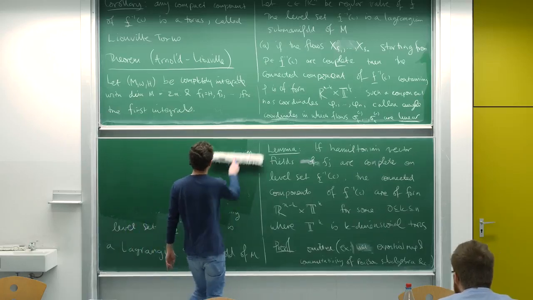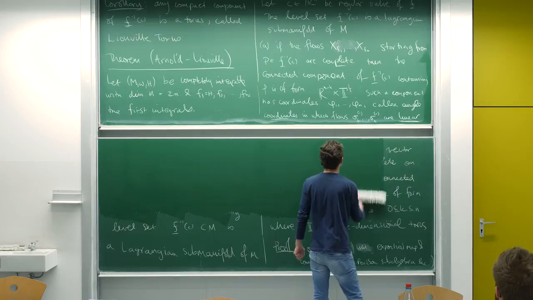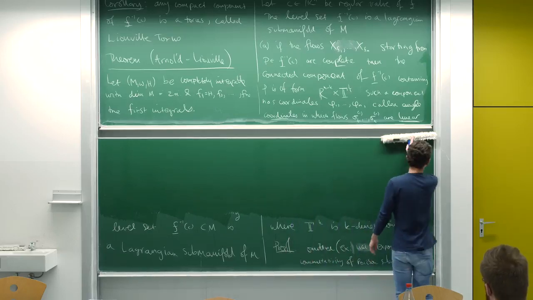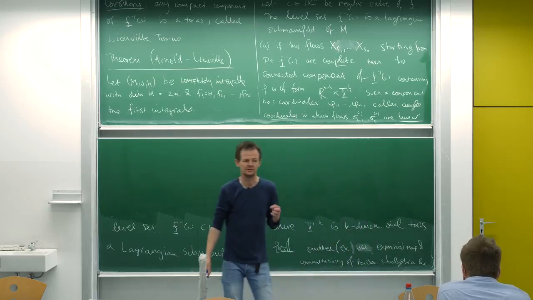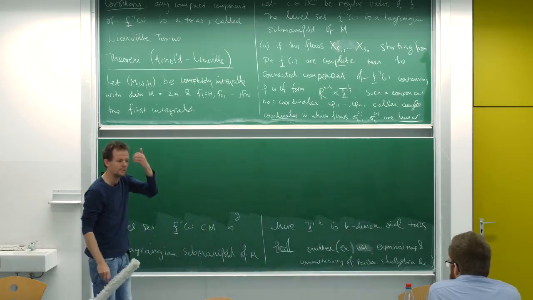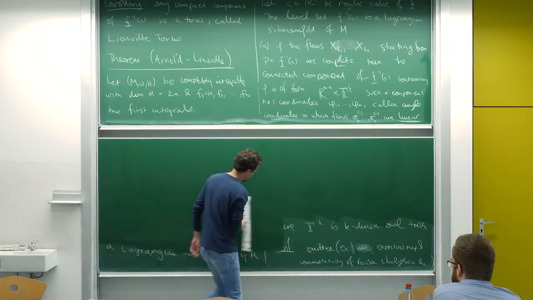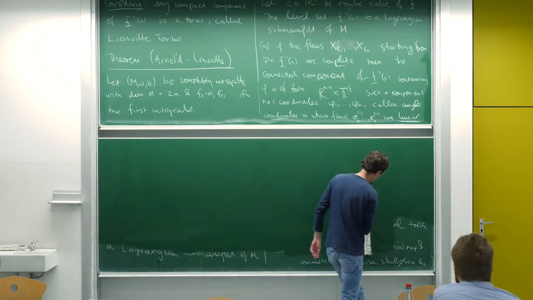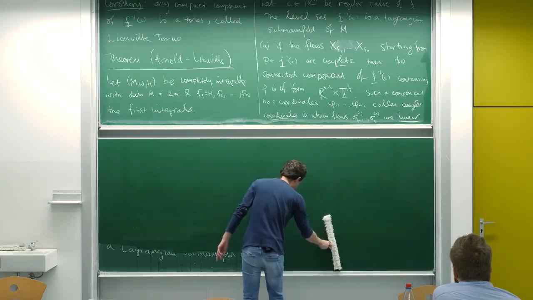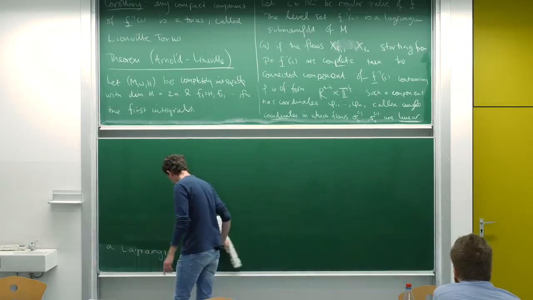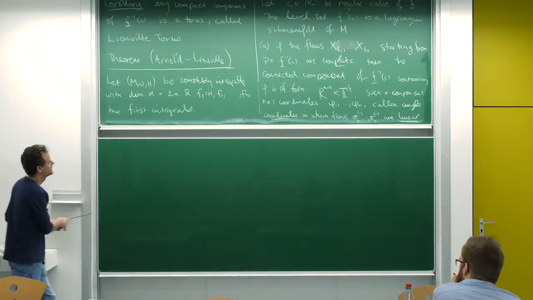And that's just because the Poisson subalgebra generated by these first integrals is a commutative Poisson subalgebra, and you have this Lie algebra anti-homomorphism that we discussed yesterday onto the vector fields. That's pretty neat.